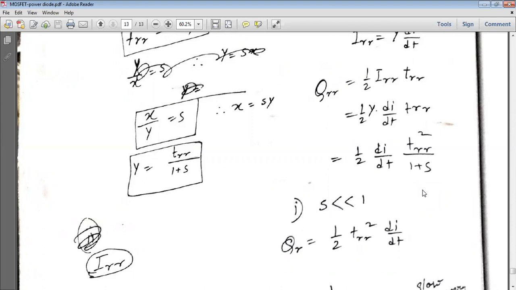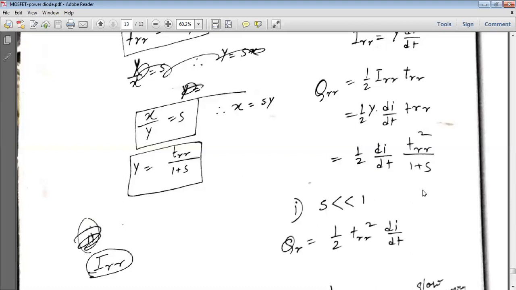If not, then they will mention the rate of discharge current. Now, what is reverse recovery time? Reverse recovery time is defined as the time taken for the anode current to reach from 0 to IRR by 4, and that particular time is the reverse recovery time.